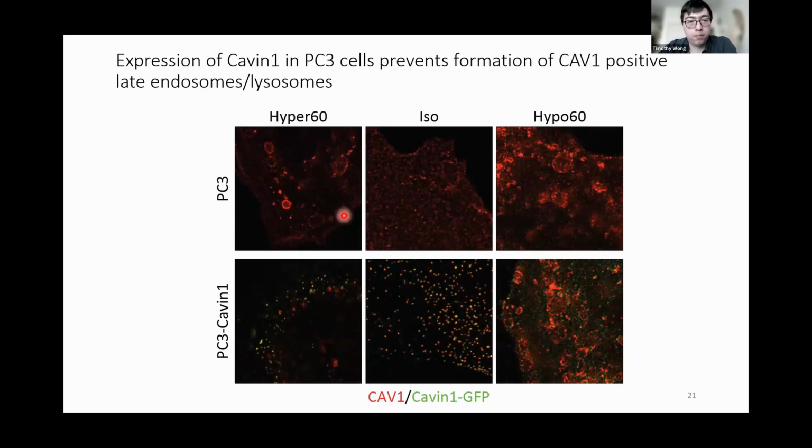Here is this experiment in the PC3 cells again, showing that they can form these in hypertonic and hypotonic media, but with the cells expressing CAVIN1, we saw that in hypertonic shock, CAV1 was no longer going into these lysosomes. Furthermore, with hypotonic shock, we can still get the formation of these CAV1 lysosomes.